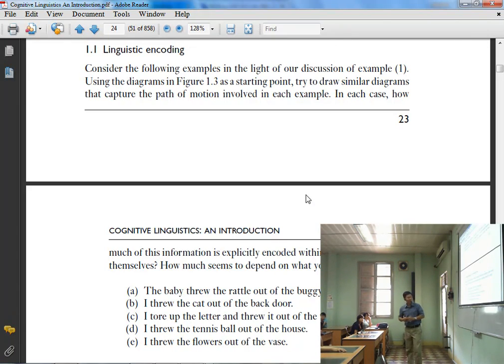So this is a translation exercise. Now, in all of these cases, you have "throw something out of something." Okay? Same structure. I need you to explain why we use different translations for "out of" in each of the examples.